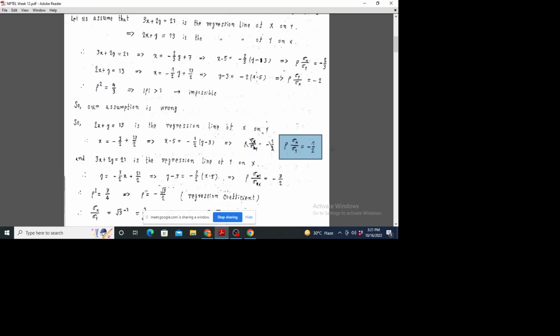Then clearly the remaining line has to be the regression line of y on x. Let us express this in the standard form, and from this extracting the slope we get another relation: rho sigma y divided by sigma x is equal to minus 3 by 2.